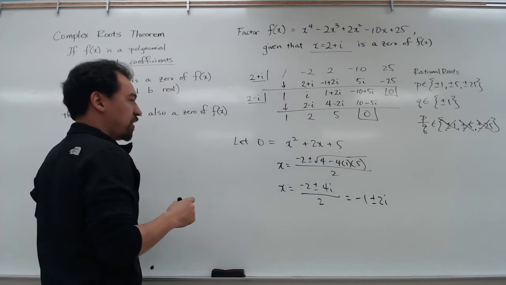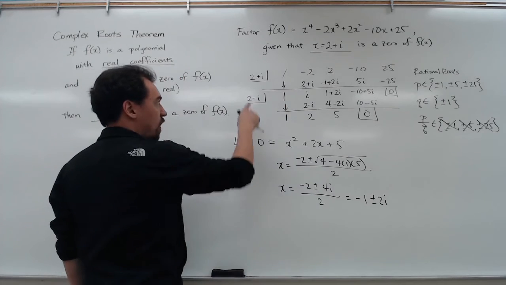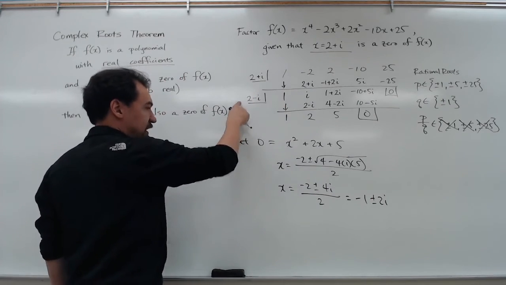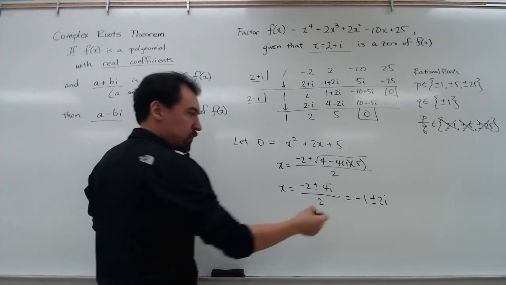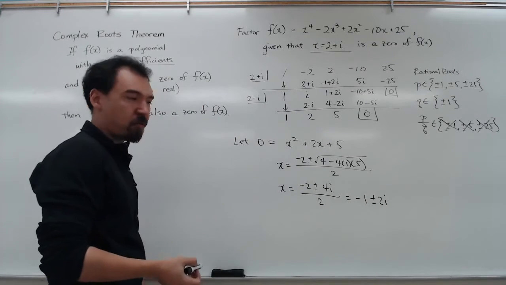So now I know my zeros are 2 plus i, 2 minus i, and then negative 1 plus 2i, negative 1 minus 2i. You see the complex conjugate showing up there as well.